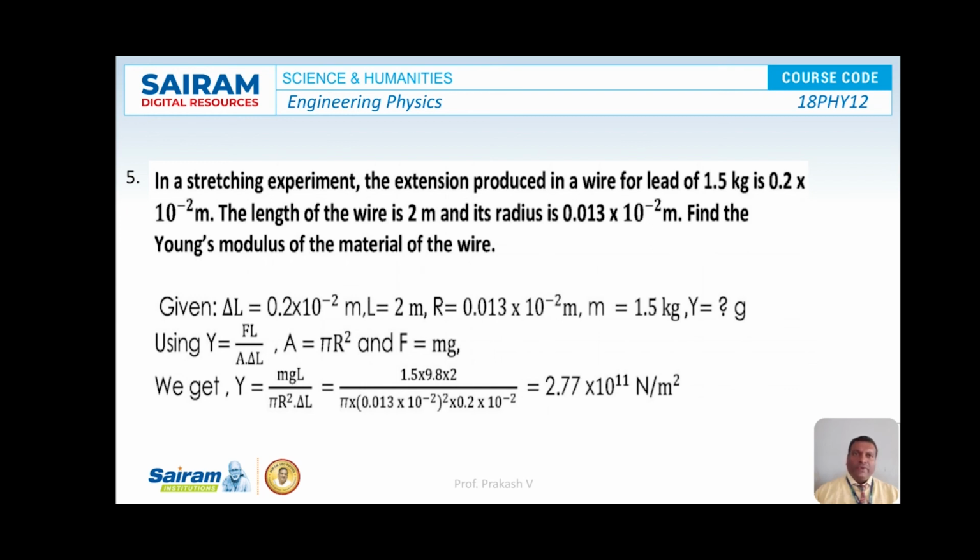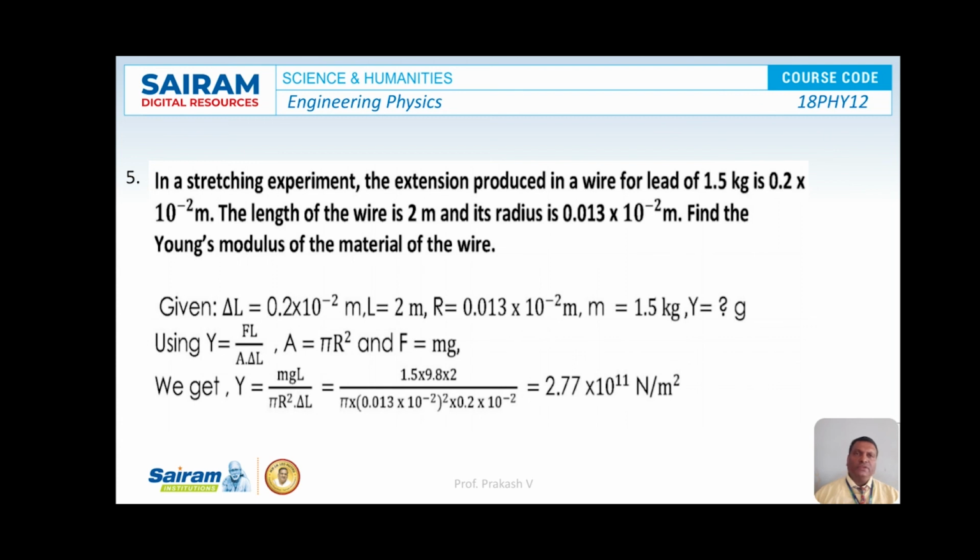Here the value for Y is equal to FL by A delta L, where A is pi r square and F is equal to mg. Substituting, Y is equal to mgL by pi r square into delta L. So the value of m is 1.5, g is 9.8 and L is 2, divided by pi into (0.013 into 10 to the power of minus 2) whole square into delta L, that is 0.2 into 10 to the power of minus 2.